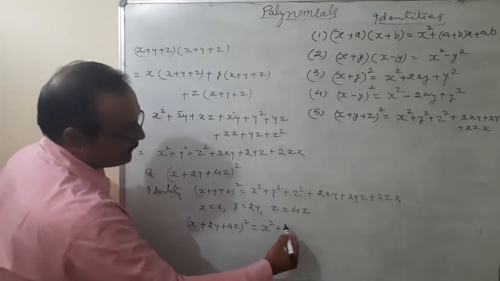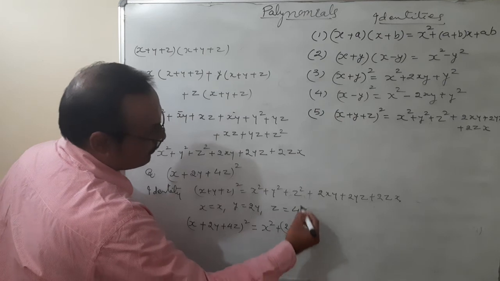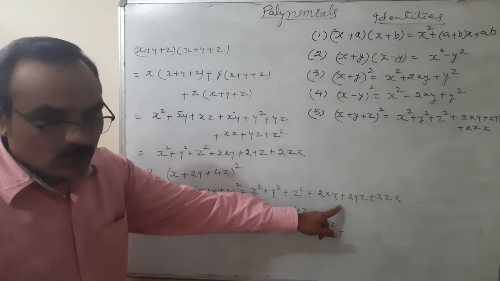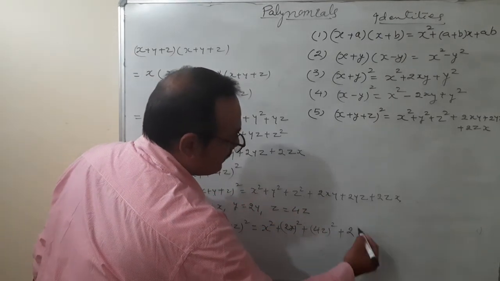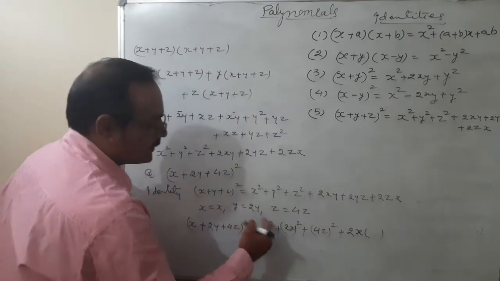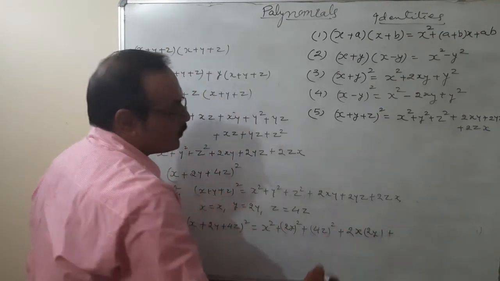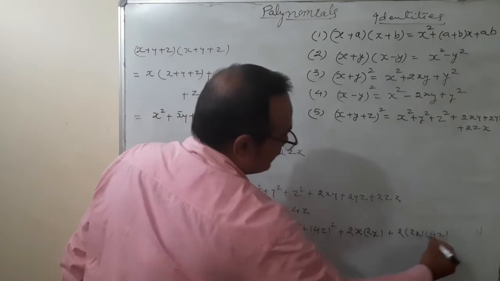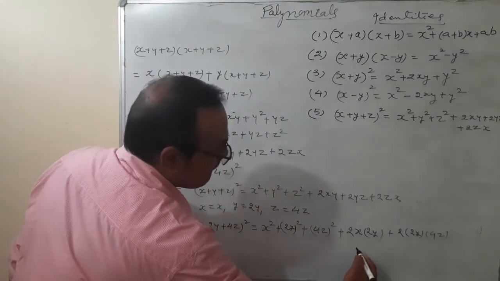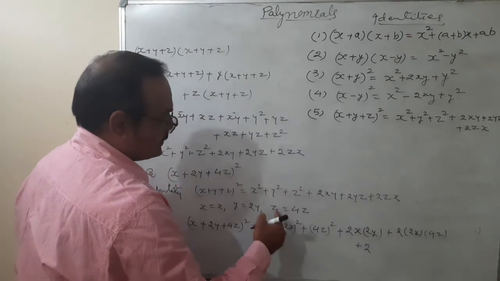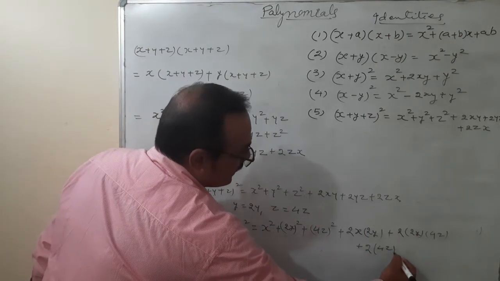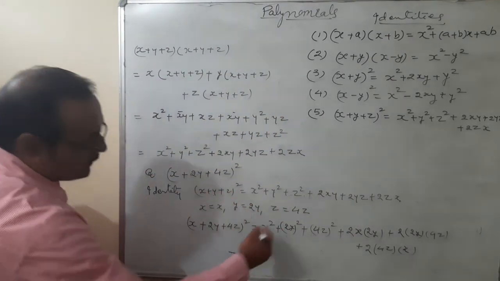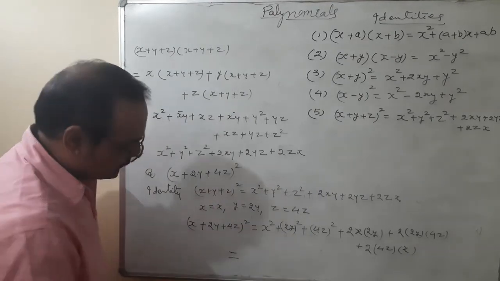The value of y is 2y, so (2y) whole square, plus z square, (4z) whole square, plus 2xy, 2 as it is, x, and y that is 2y, plus 2yz, 2y and z, 4z, plus 2zx, z, 4z, and what is x? That is x only.